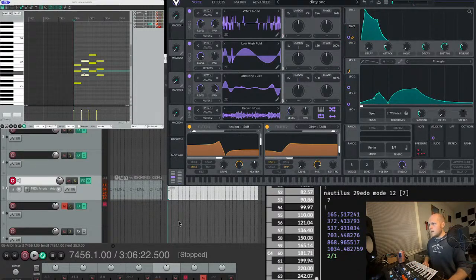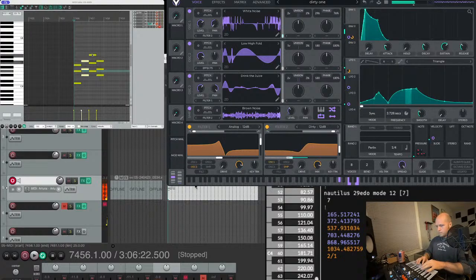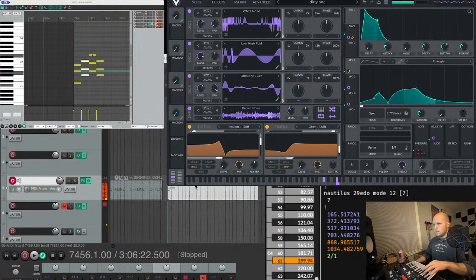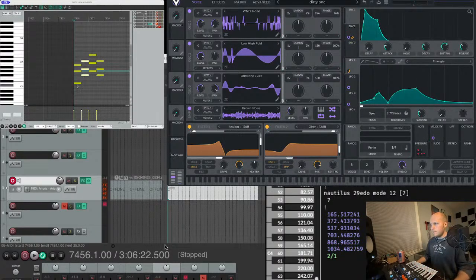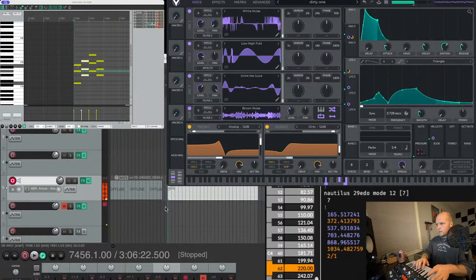That looks like an F sharp minor. This looks like an A flat augmented. Is that really right? Oh no, that's a D. Oh, that's a D diminished.